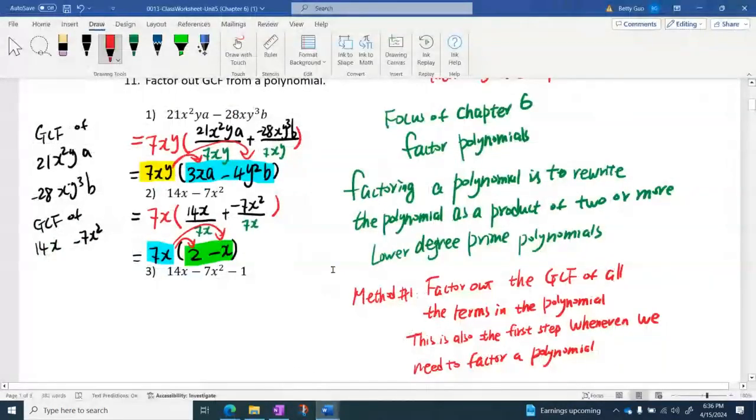Number 3, we are given a trinomial. 14x minus 7x squared minus 1. We need to factor this trinomial. Remember, what's the first thing to do when we need to factor a polynomial? Identify the GCF, right? And let me know what you have.